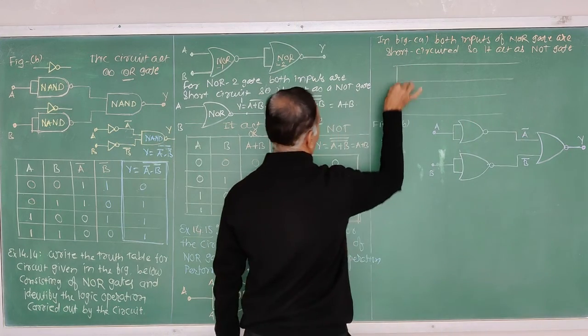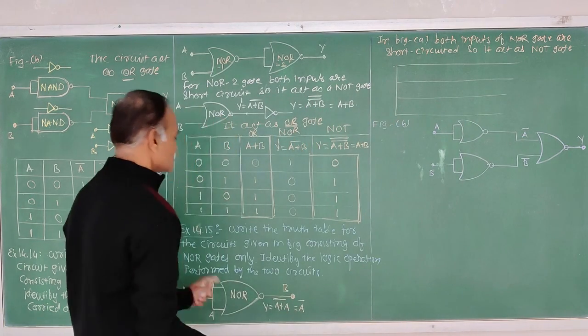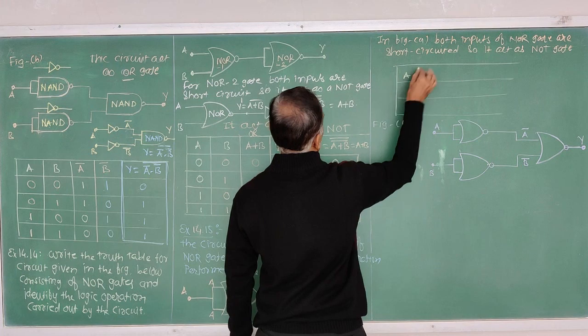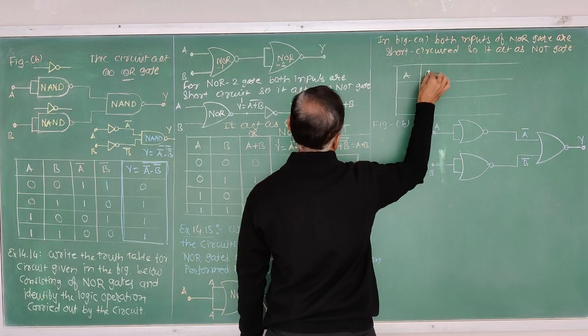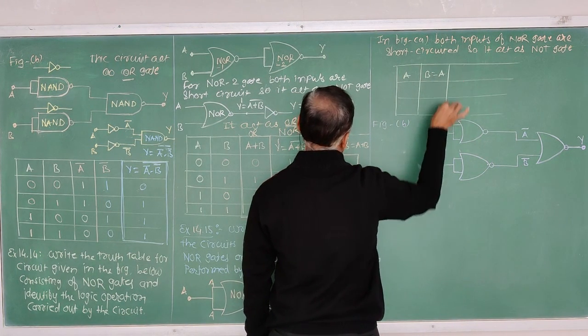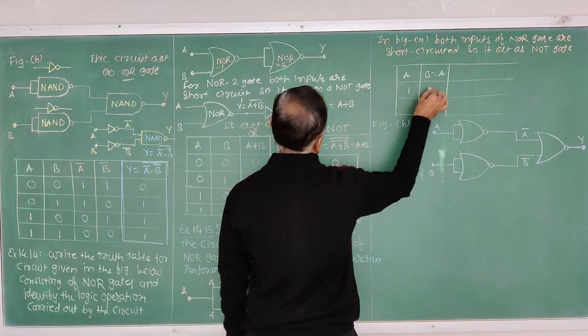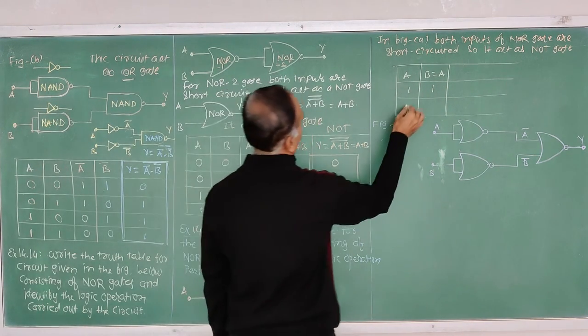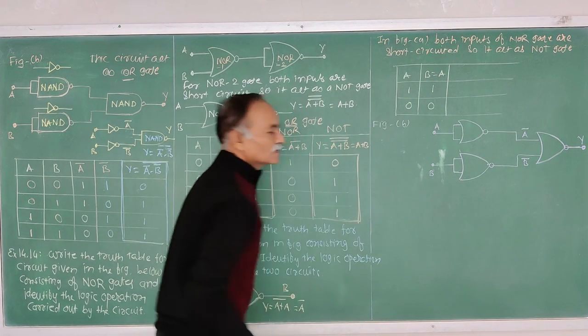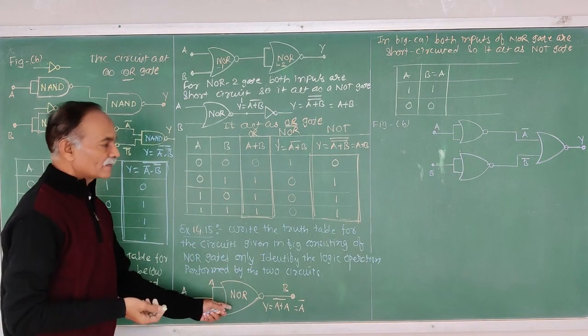Therefore, inputs A, B are the same. If A is 1, B is also 1. If A is 0, B is also 0. Both are the same.